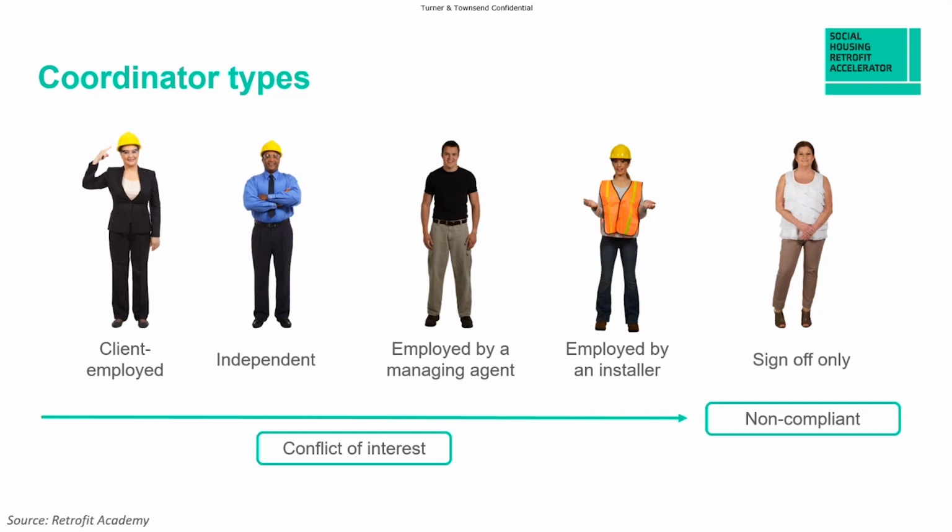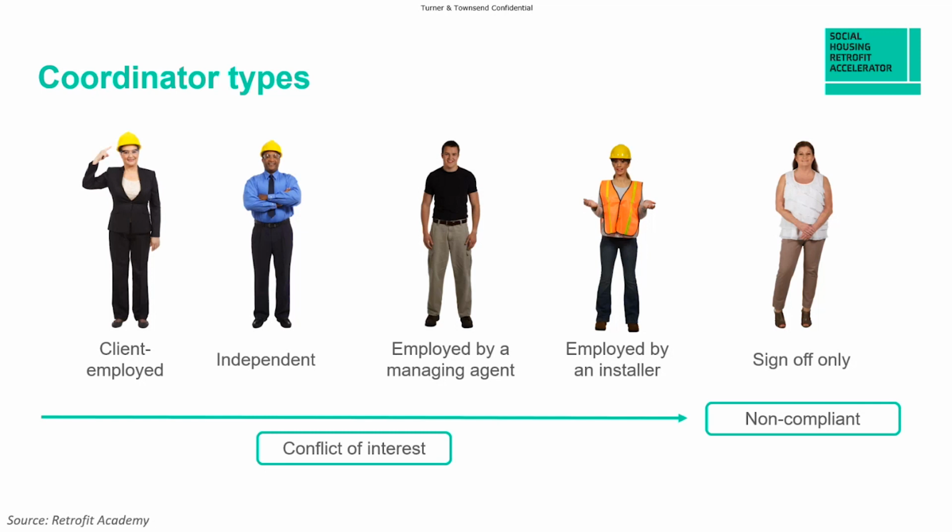So on this diagram, we have a client-employed coordinator at one end, and we have a retrofit coordinator employed by an installer at the other end. And as you move from left to right on the screen, you have an increased conflict of interest. So where you have an internal client-employed retrofit coordinator, they work for your organisation.